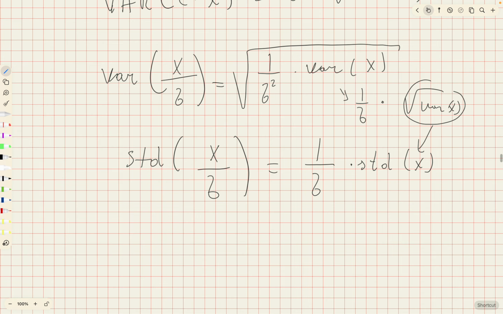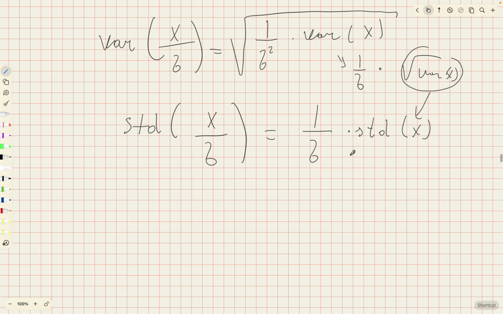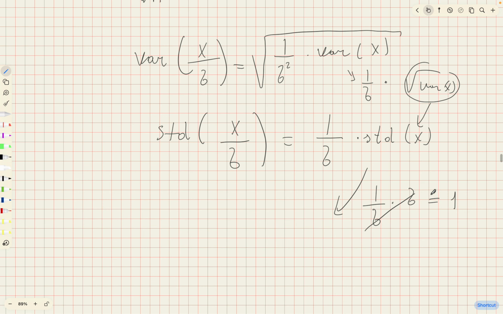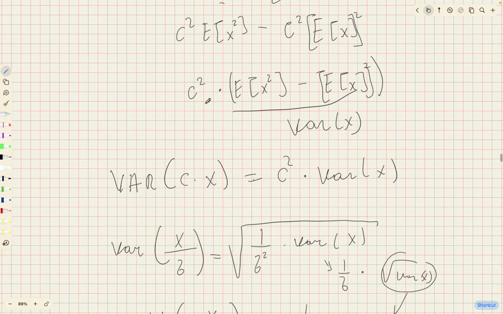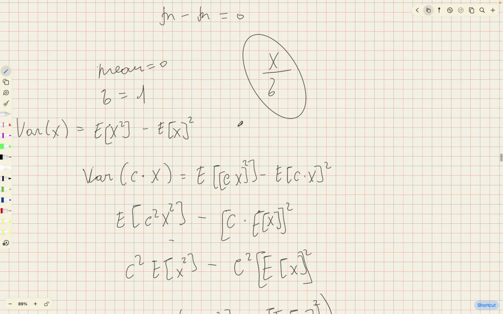And 1 over standard deviation multiplied by the standard deviation is 1. That's why when we divide the random variable by its standard deviation, we get a standard deviation of 1.